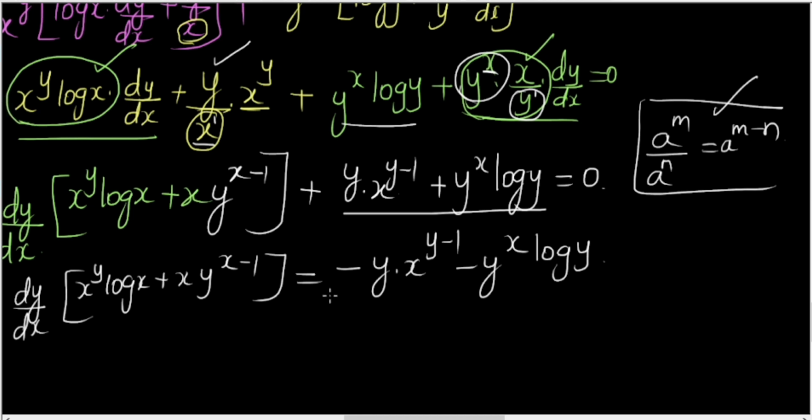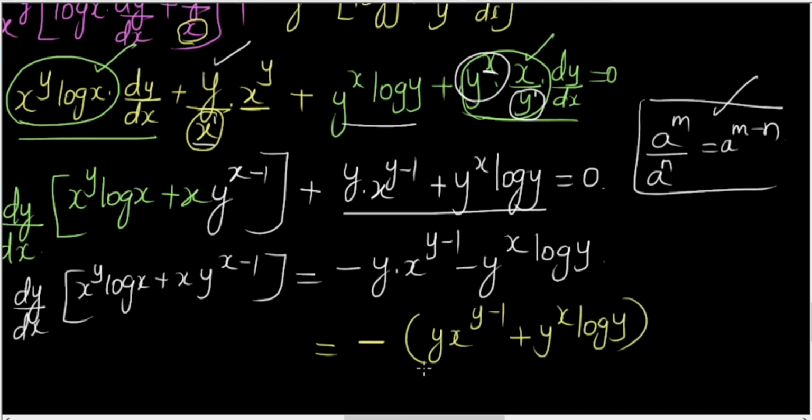Now here we can factor out the minus sign, so that the entire expression becomes minus of y x to the power of y minus 1 plus y to the power of x log y, over, this comes down as the denominator on the other side.